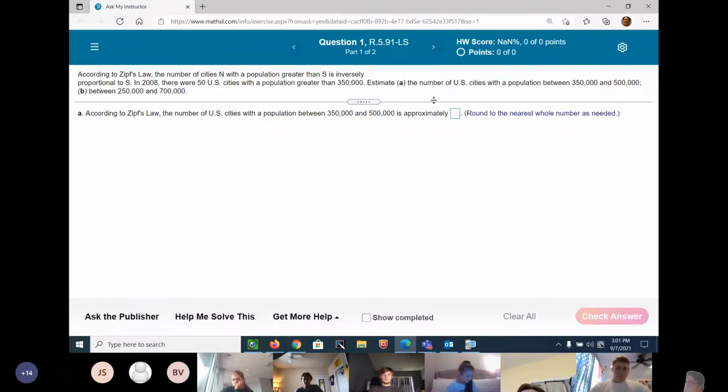Hold on. I did this problem last semester. I remember doing this problem. And you set it up as an inequality, but I don't have my numbers in the right place. If P is greater than 350,000 population.